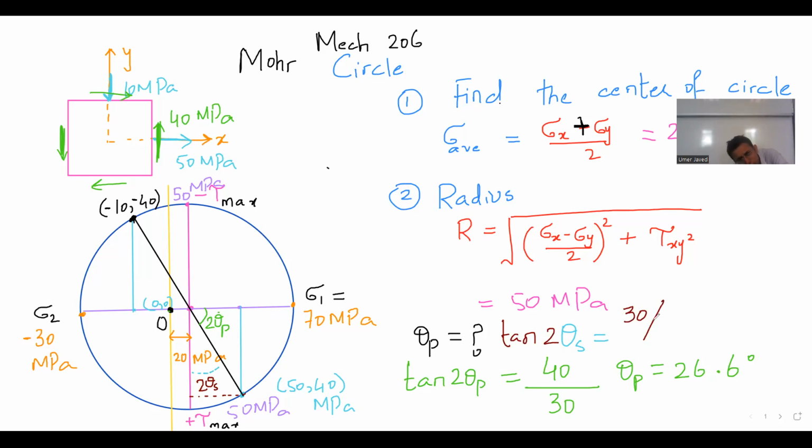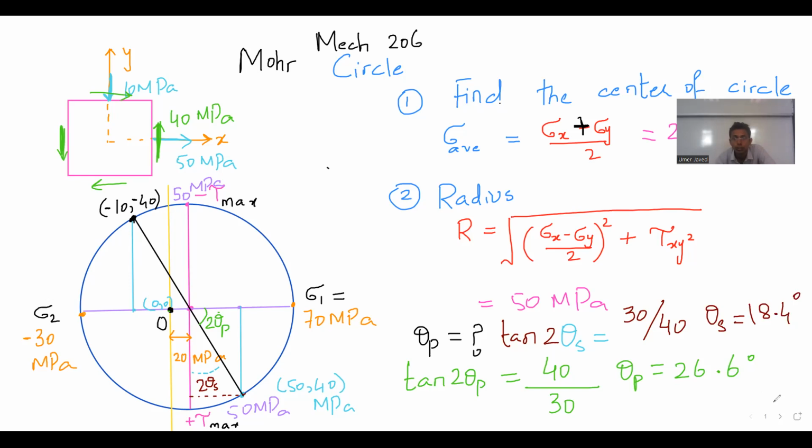And what is the base? 40. Okay, give me theta s now. 18.4. Sorry, 18 point four.